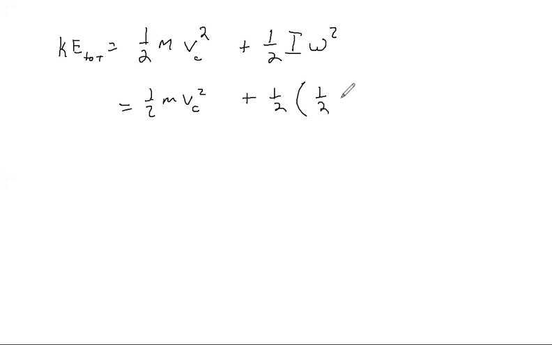Remember, every shape will have a different formula. Times the mass times the radius squared times omega squared. But omega can be written as v of the center over r.